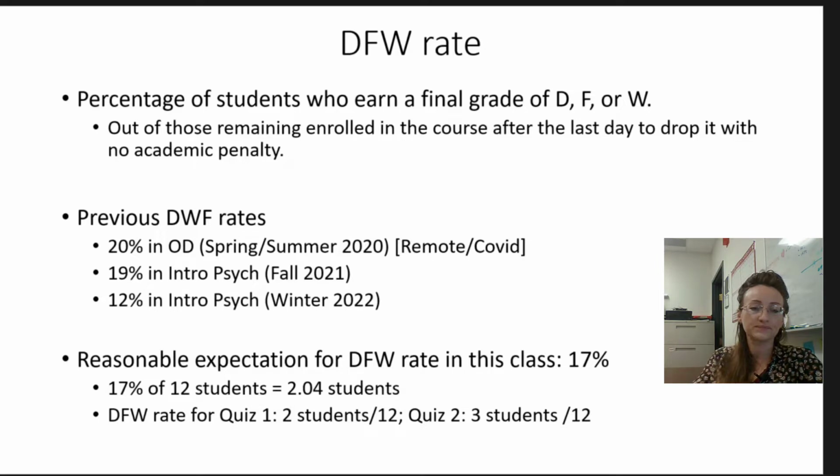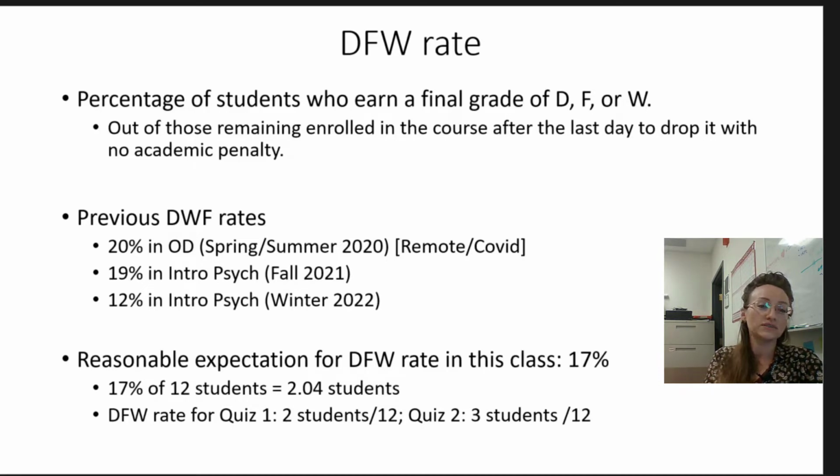What I can tell you is what the DFW rates are for my courses, which I hear are typical. The DFW rate refers to the percentage of students who earn a final grade of D, F, or W. It's calculated out of those who remain enrolled in the course after the last day to drop it with no penalty of any kind.